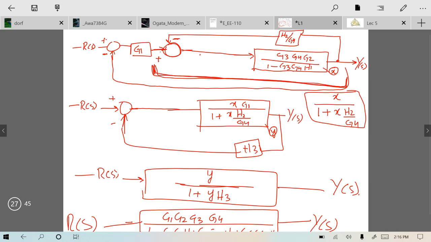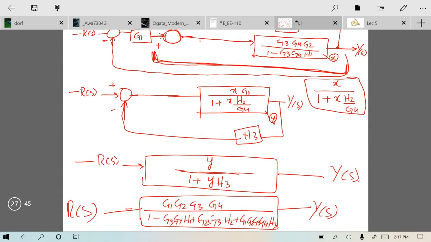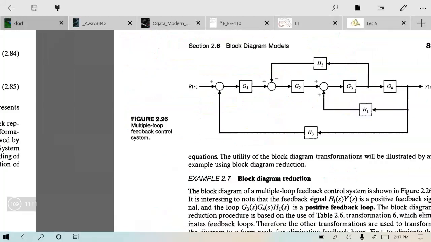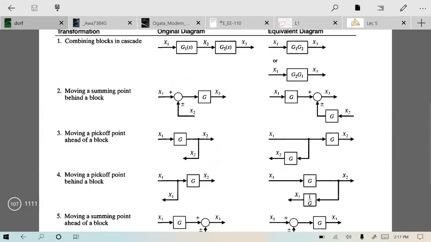So by combining and removing the feedback loop, again combining and again removing the feedback loop, we finally concluded our transfer function to be like this, and we have reduced our initial block diagram to a point where we can calculate the transfer function from that. We have reduced it only by using existing block diagram reduction techniques that we discussed earlier.